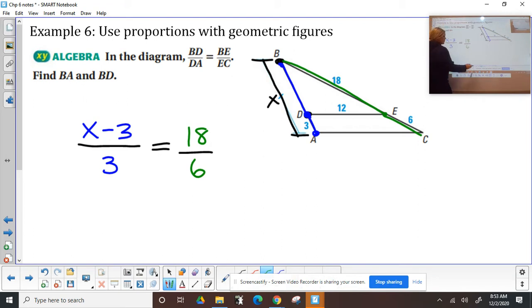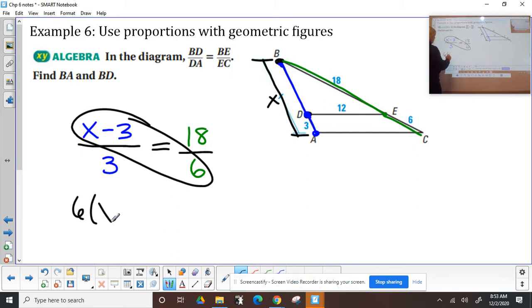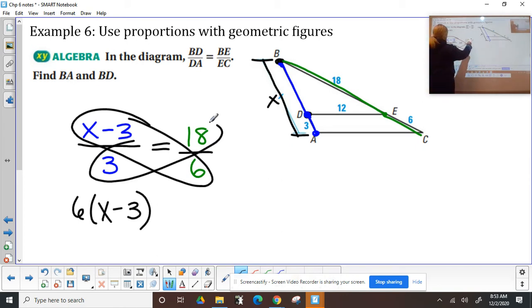So now I'm going to cross multiply. I'm going to multiply 6 times x minus 3. And remember that when I do that, I'm going to leave the 6 on the outside because it's going to remind me to distribute. And then I'm going to do 3 times 18, which is going to be 54.